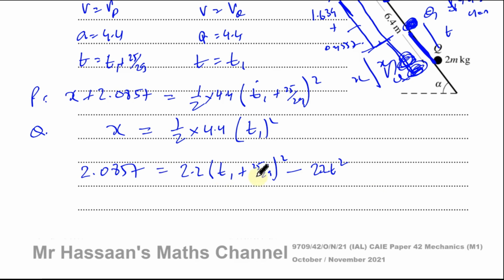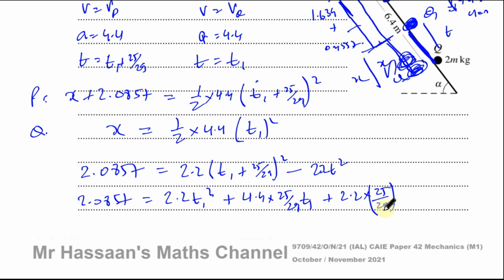When you expand this, you'll have 2.0857 equals 2.2 times T1 squared plus 4.4 times 25 over 29 T1, because when you expand this you get 2 times this, then multiply by 2.2, plus 2.2 times 25 over 29 squared, minus 2.2 T1 squared. These cancel out, so we're left with basically all of this.